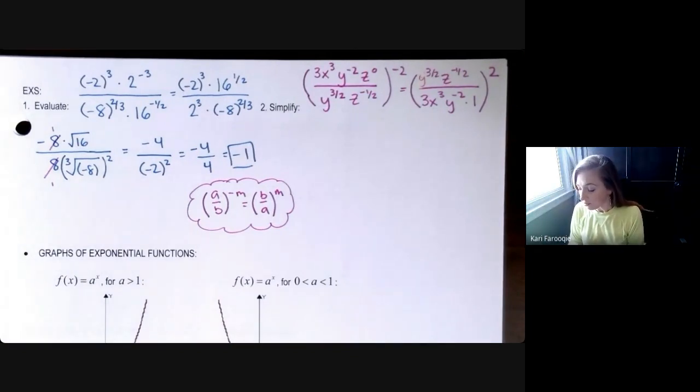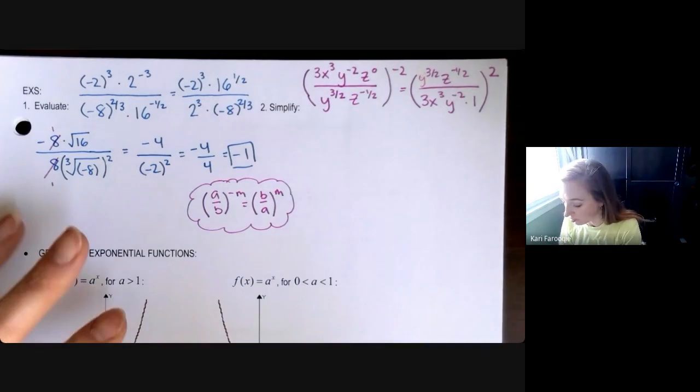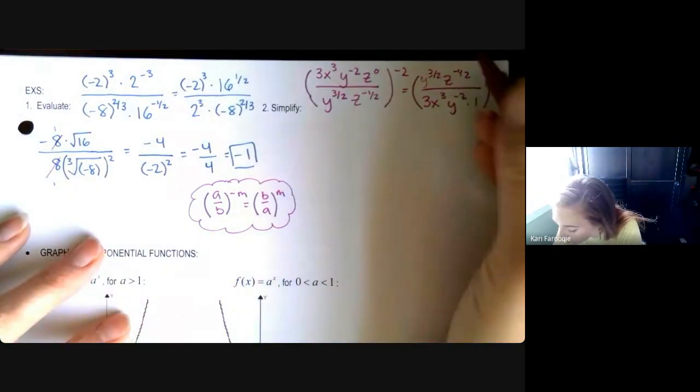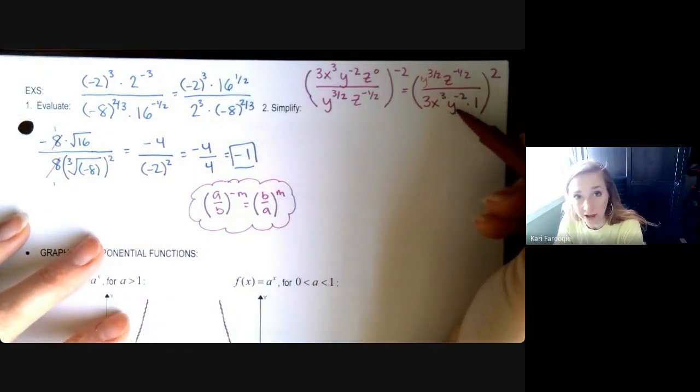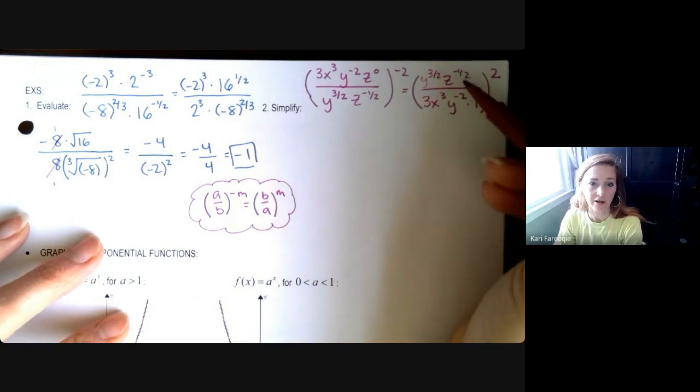That's good. What I'm going to do now is simplify like I did the last one inside the parentheses. And again, it's up to you if you want to distribute the exponent in right now. I'm going to simplify what's inside the parentheses. So for instance, I'm going to pull this y to the negative second into the numerator as y to the positive second.